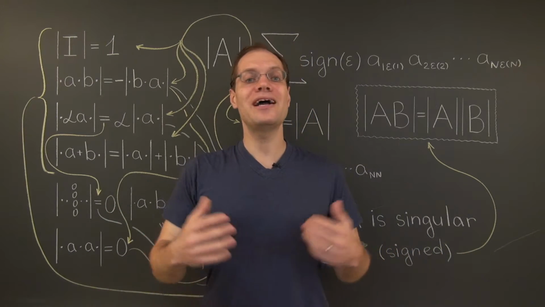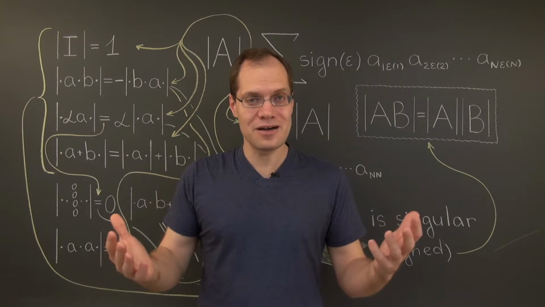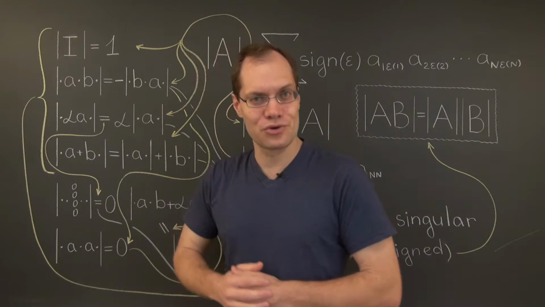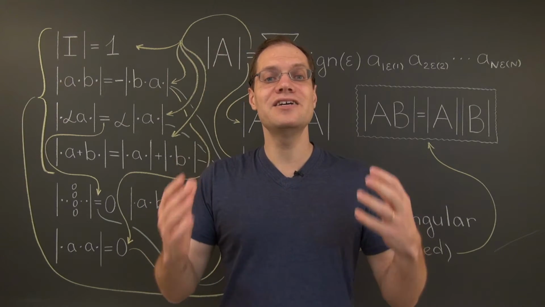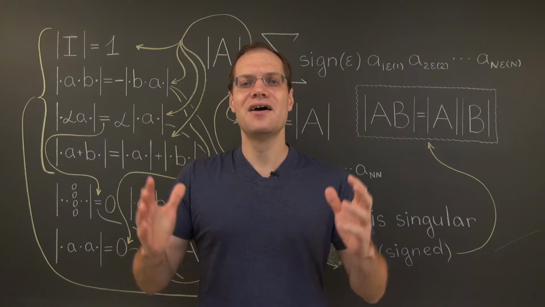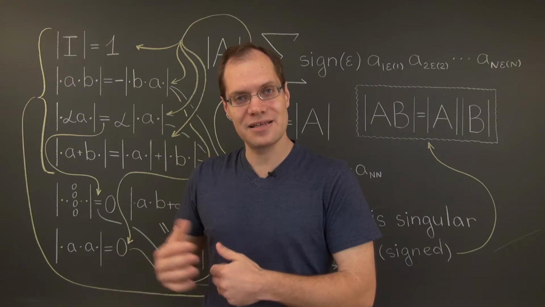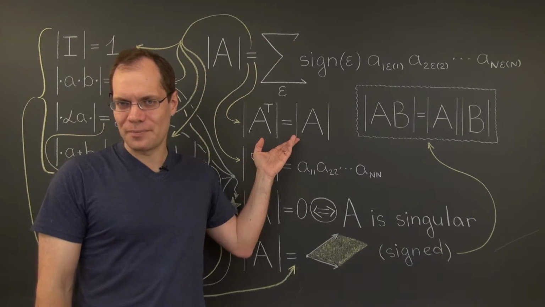And why do these three properties belong together? Well, it is because if we were to restate them in terms of rows, they would give us the determinant response to each of the Gaussian elimination operations. And once again, why are we able to restate them in terms of rows? Well, it's thanks to the transpose property.